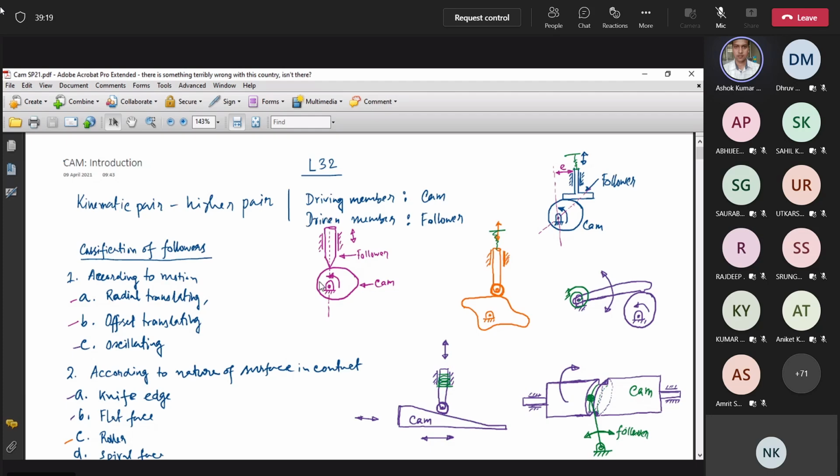Sometimes from a constant speed circular motion, we want a translating or oscillating motion which has some function. That means we want to express the motion of the follower as a function of the rotational angle theta. For example, take the case of an IC engine. Have you read about IC engines?